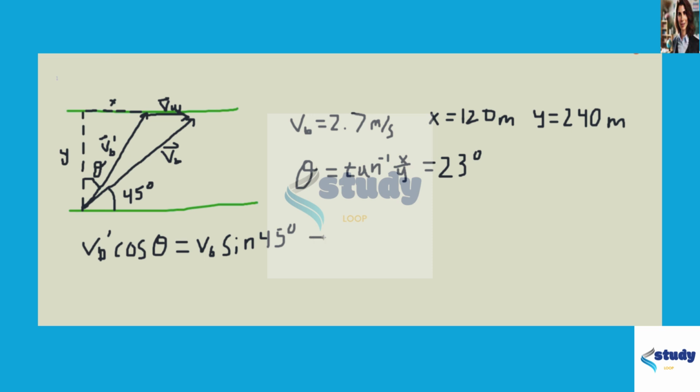Okay, so then we want to solve for v of b prime. We'll find that v of b prime is equal to v of b multiplied by the ratio of the sine of 45 degrees divided by the cosine of theta.